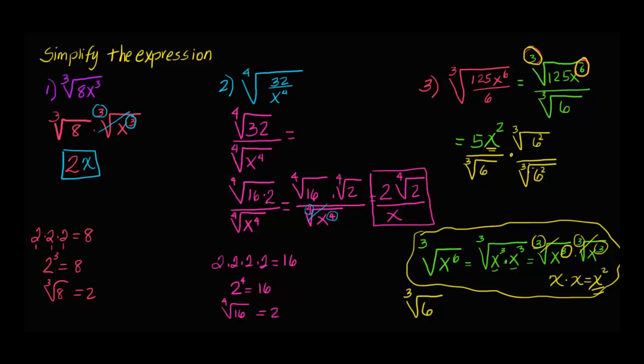Because now when I do numerator times numerator, I'm going to get 5x squared cube root of 6. And when I do denominator times denominator, I'm going to get a cube root, since I have the same cube root.